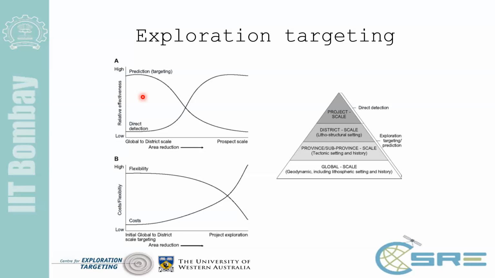On the other hand, when I'm at the province scale and try to find areas for projects, the predictive modeling or predictive techniques are much more important. But the flexibility reduces as you are reducing your area. And that is why the prediction part of the process is very, very important.